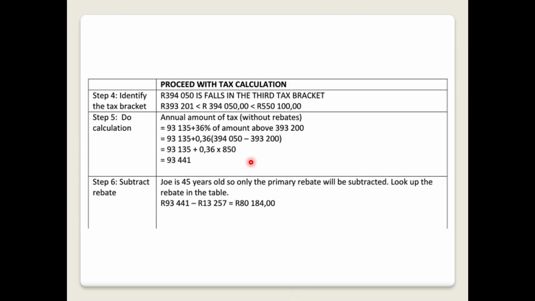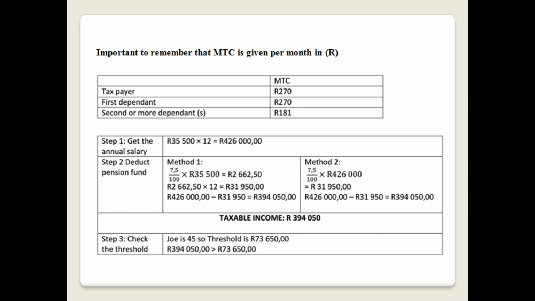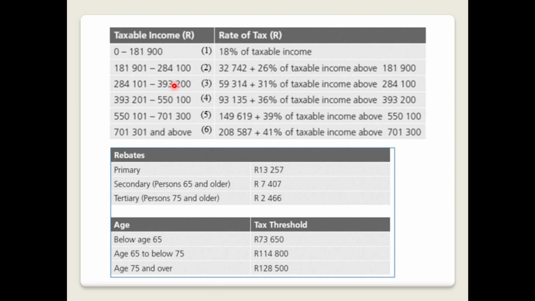So then, identify the tax bracket. How do we identify the tax bracket? We go to the tax tables. On the left-hand side, find bracket 1. No, he doesn't fall into that bracket. Bracket 2, no, he doesn't. Bracket 3, yes, he falls into bracket number 3.